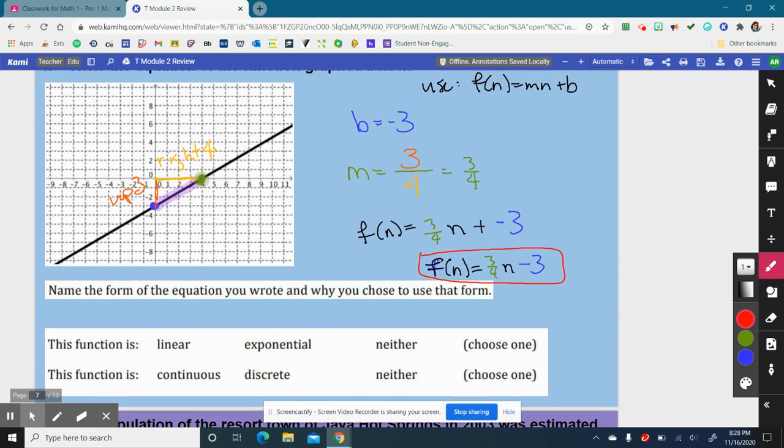So name the form of the equation that we used. Well, I kind of said it earlier, so I gave it away, but we used slope-intercept because we could find our beginning point on the y-axis and counted to find our slope.